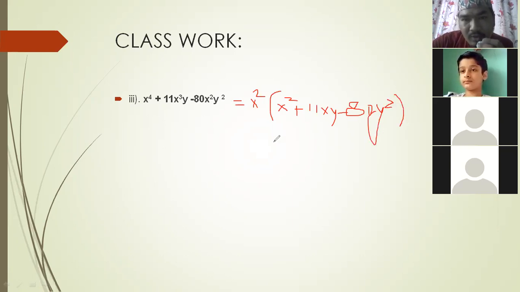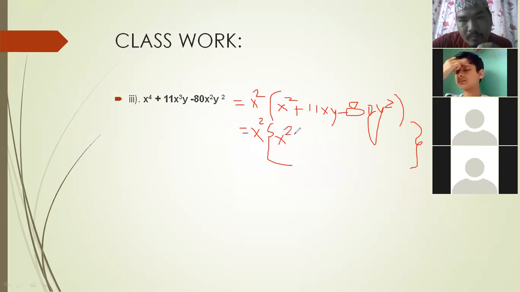Now can you do its middle term break? What will be? Children, take part in class activities. How to do this middle term break? Look here. Here is minus, as 1 into 80, right?